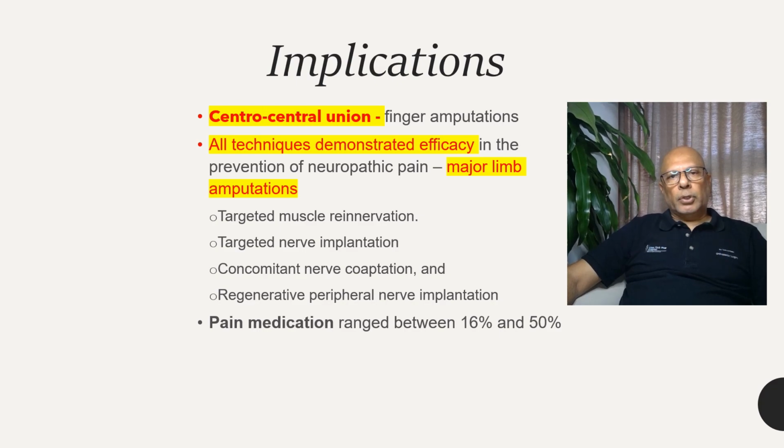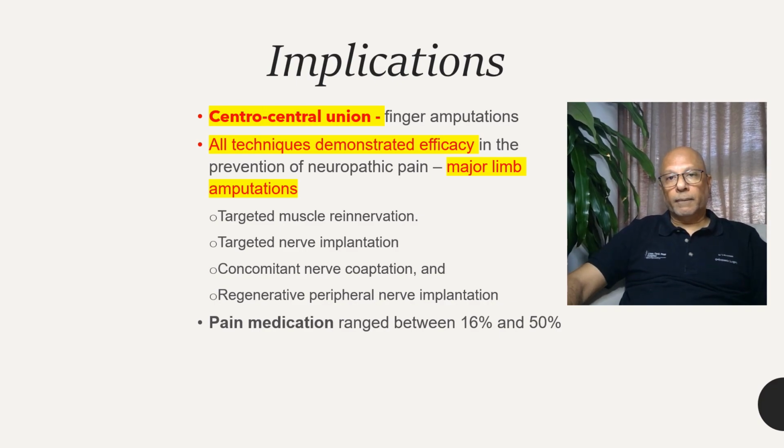For major limb amputation, all the techniques described were useful, be it targeted muscle re-innervation, nerve implantation, concomitant nerve coaptation, or regenerative peripheral nerve implantation. We also found that pain medication use ranged from 16% to 50%.